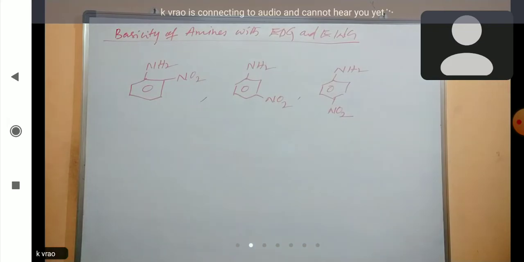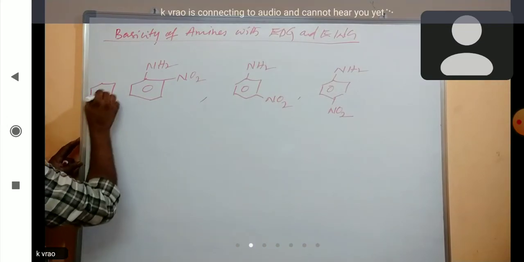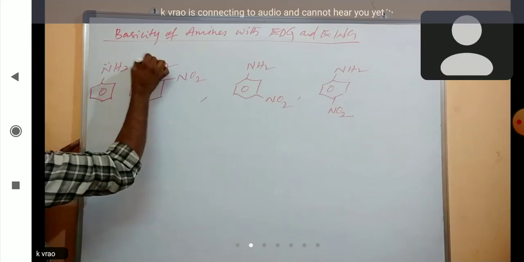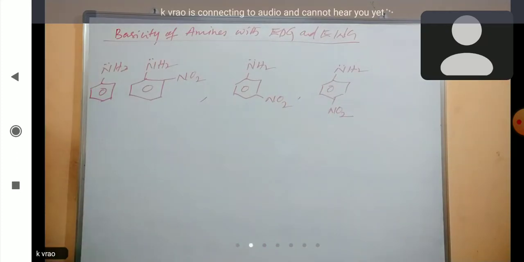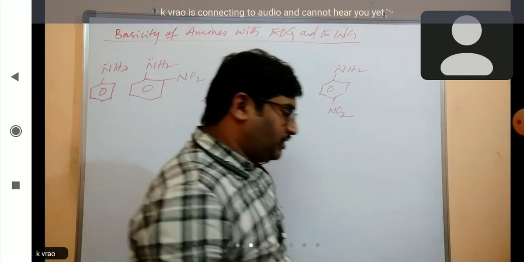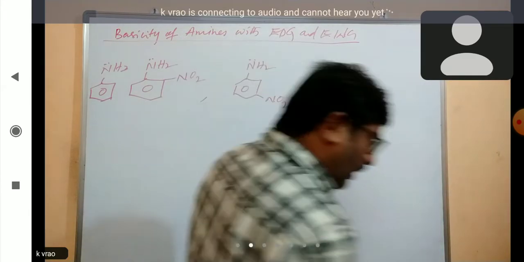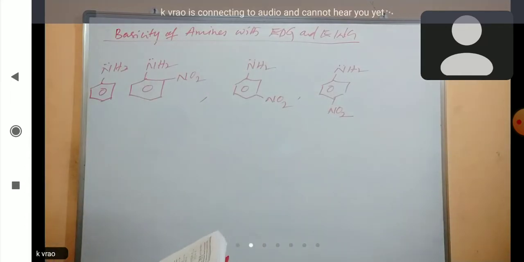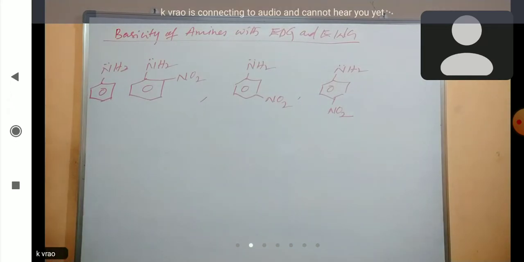NO2 is the electron withdrawing group, and here no group is present on the aniline, NH2. NO2 group is the electron withdrawing group. Already we know it decreases the electron density of the benzene nucleus.